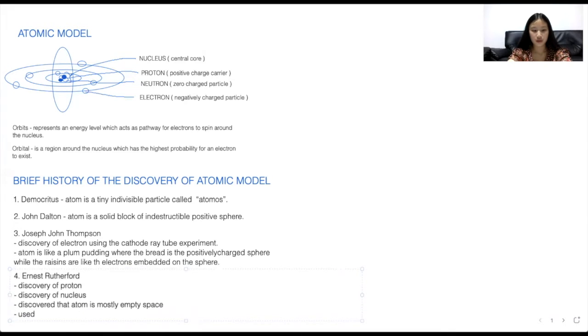He used the gold foil experiment or alpha scattering experiment.